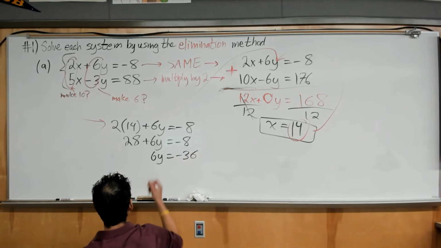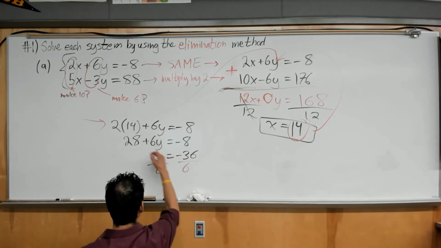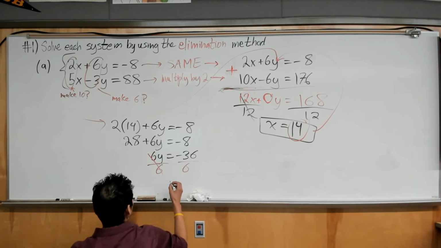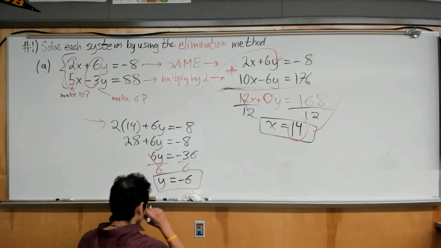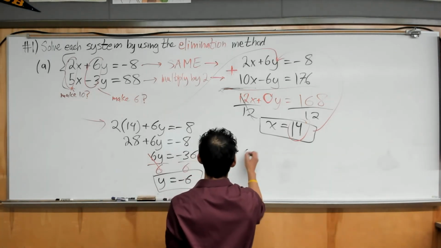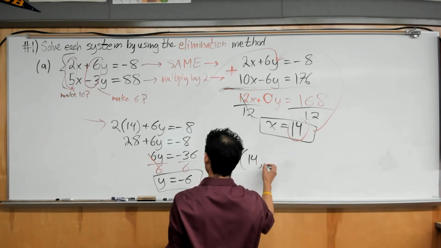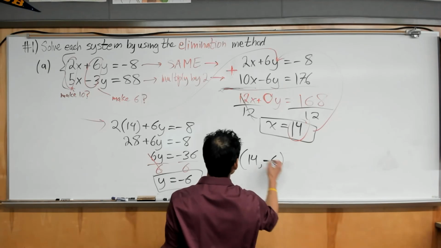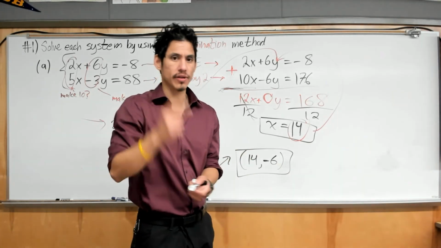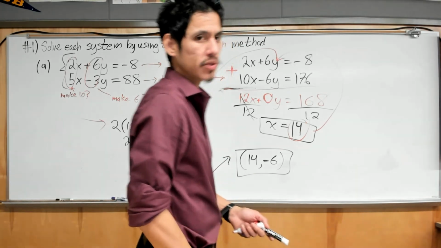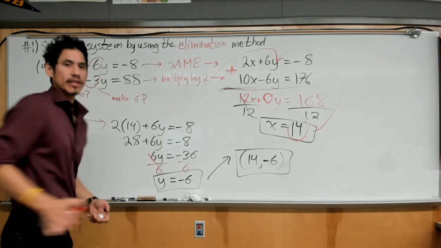Divide by 6. We get y is -6. We combine them to make the ordered pair, 14, -6. Hooray. So we're good. All right, let's do one more.